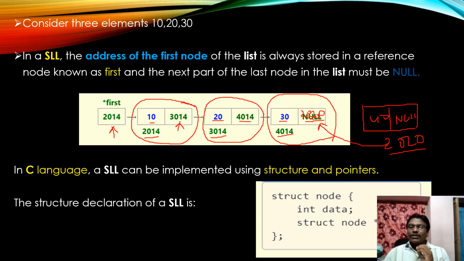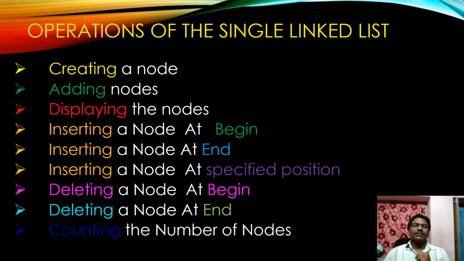The two members are data and next. Now, the operations of the single linked list.